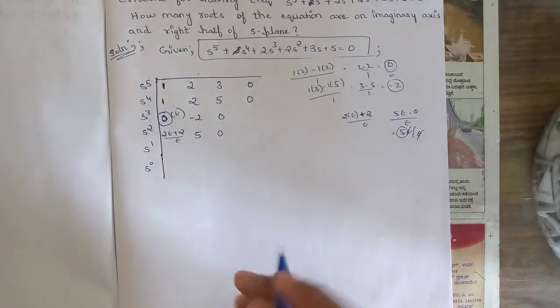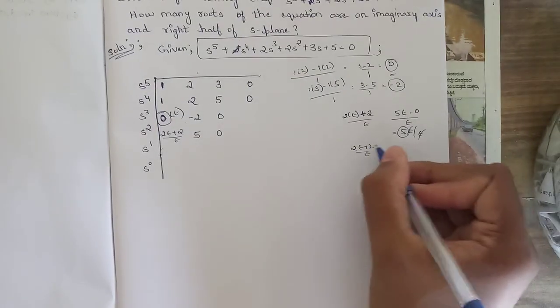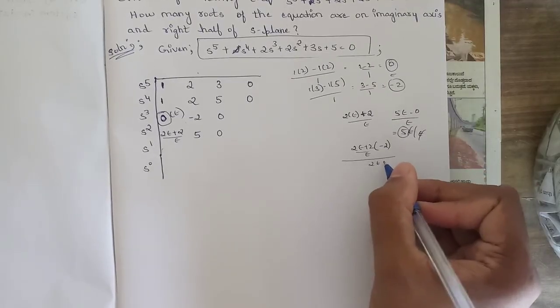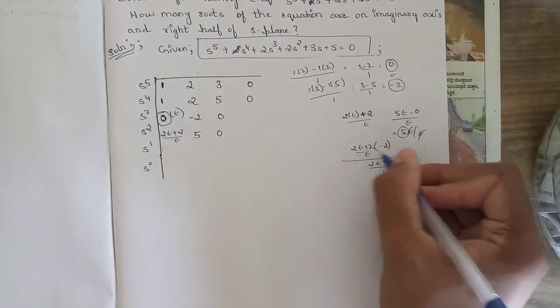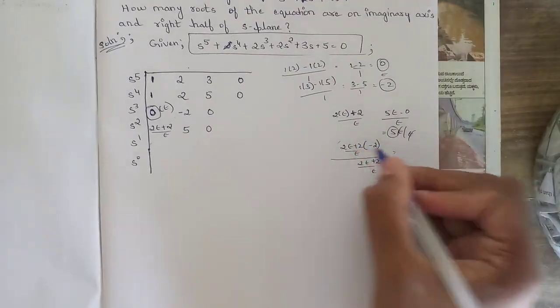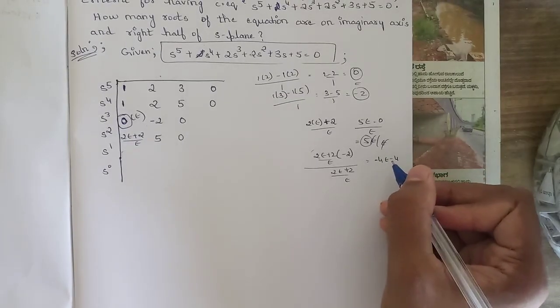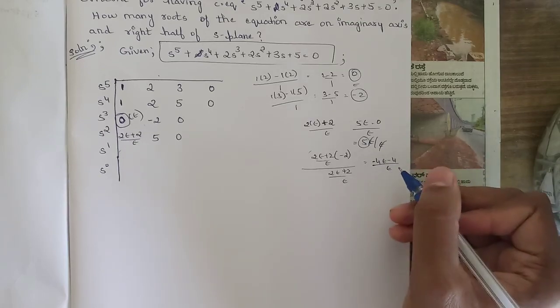So here it is again 0. Now to get this element, we multiply these two: 2 epsilon plus 2 by epsilon into minus 2 divided by 2 epsilon plus 2 by epsilon. So multiplying minus 2 with this term, that is minus 4 epsilon minus 4 divided by epsilon.